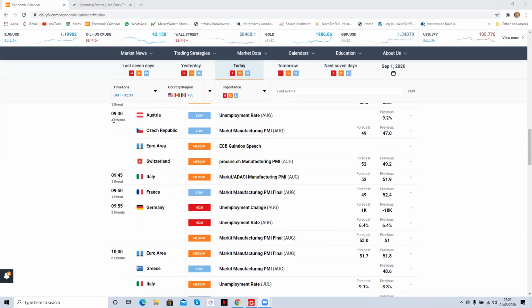Okay, and then at 9:30, you can see here from the euro area, again, that's going to affect the market we're trading, the euro US dollar. So that's a report of medium importance. The ECB president with us is going to make a speech. Of course, the speech is a speech, it's not a report. It's a speech, which could just go on for hours.